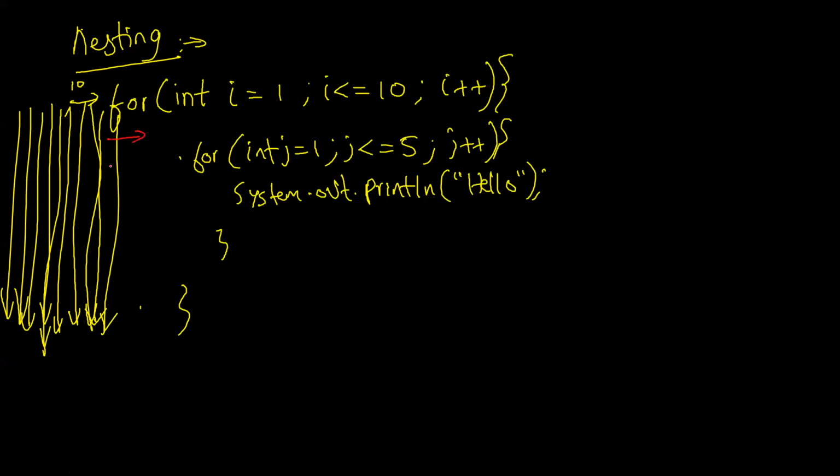So for this one also it will run 5 times, for this also 5 times. For each loop it is running 5 times, and there are 10 times it is running. So it is 10 into 5, that is 50 times hello will be printed.